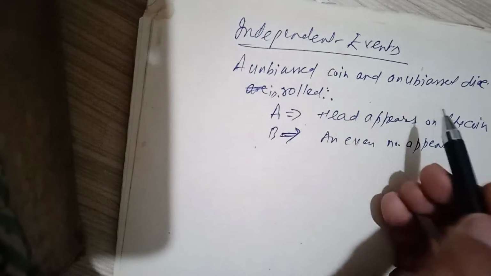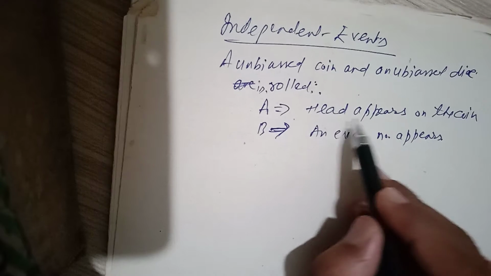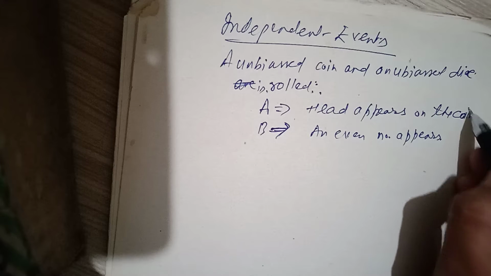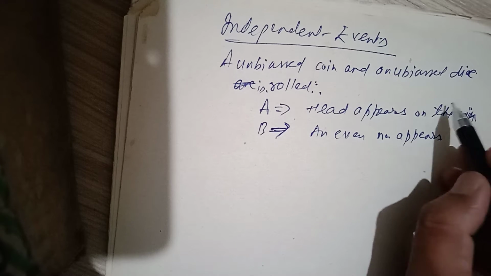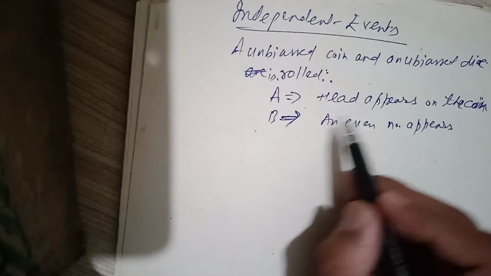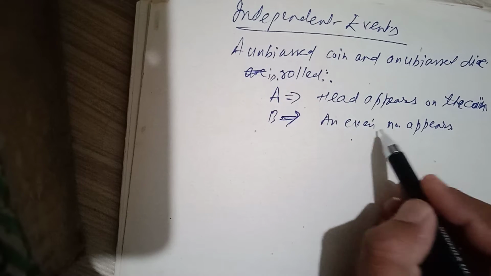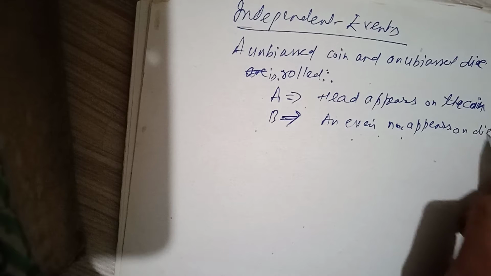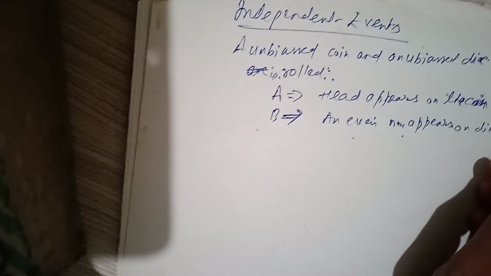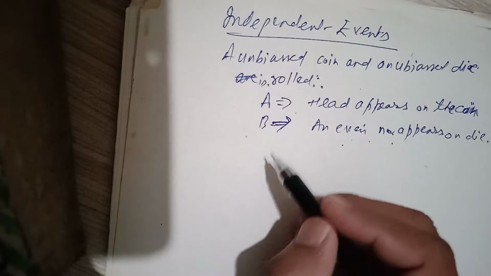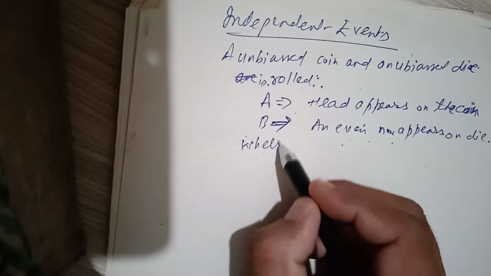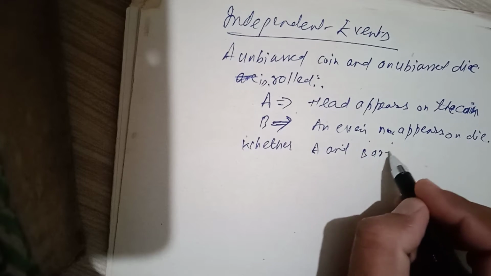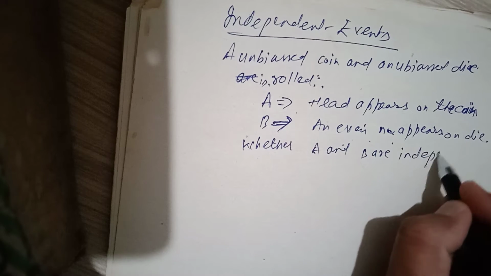Let A be the event in which head appears on the coin, and B be the event in which an even number appears on the die. You have to check whether A and B are independent.